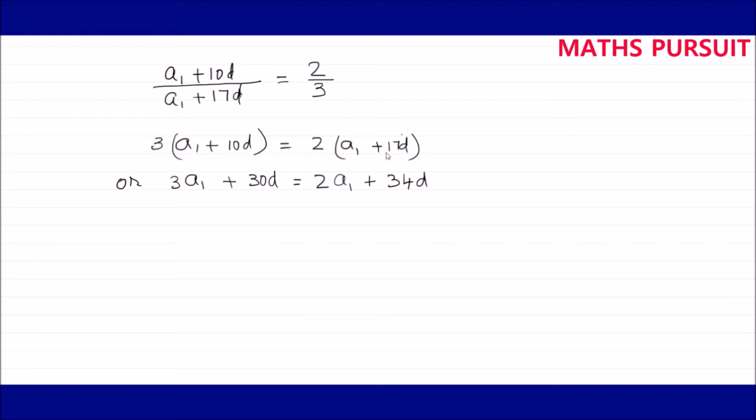Or I can write 3A1 minus 2A1 is equal to 34D minus 30D.